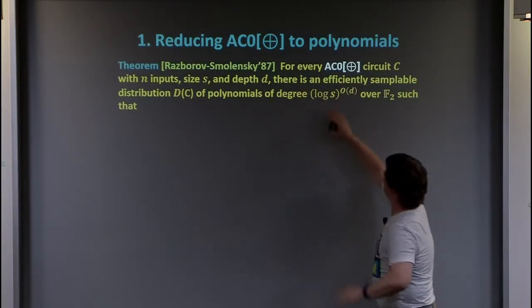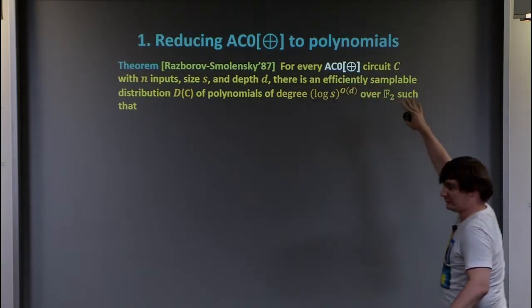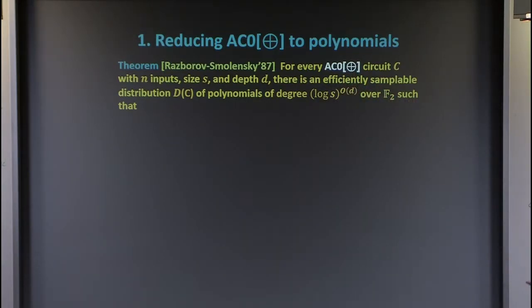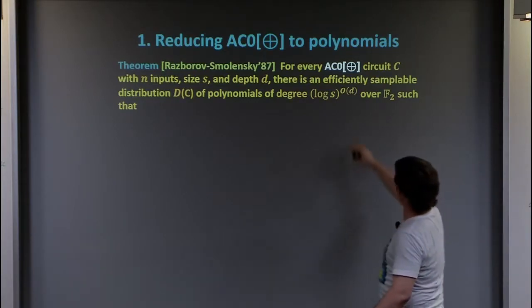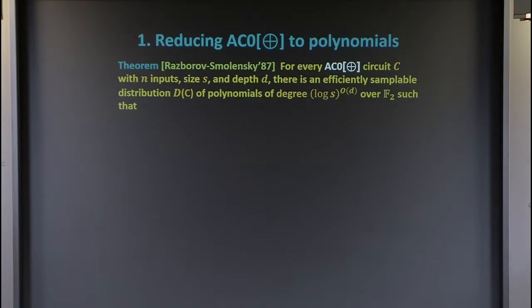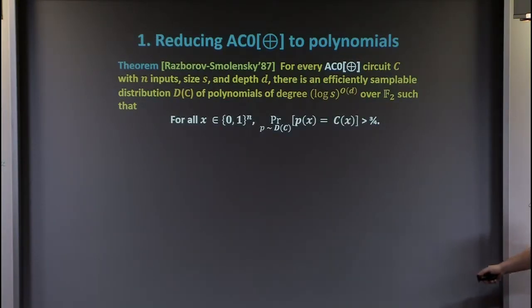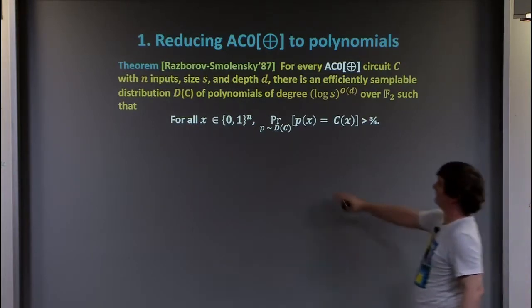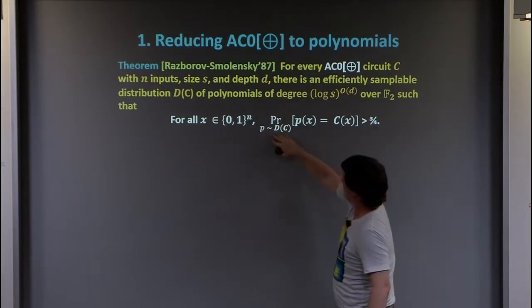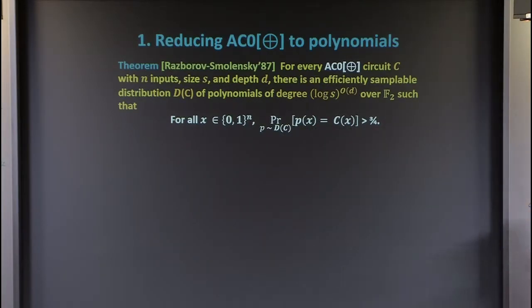I threw in a parity here, which just means I'm allowing mod 2 gates as well. So I allow OR and mod 2 and NOT. Again, I have n inputs, size S and depth D, and I want to get this efficiently sampled distribution with this property: for every point X, pick a random polynomial from the distribution, and the probability it agrees with the original circuit is at least 3/4.